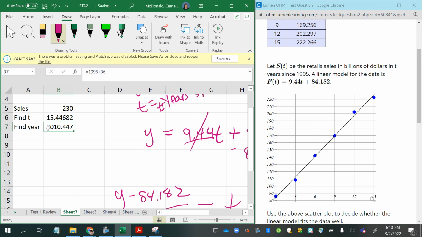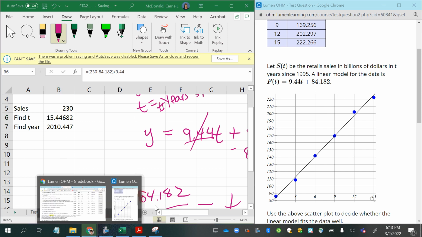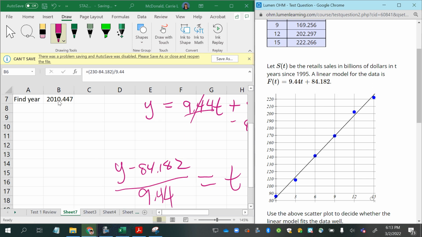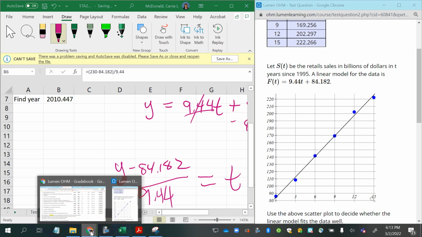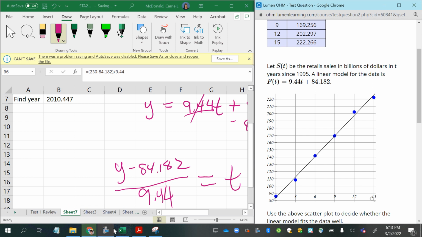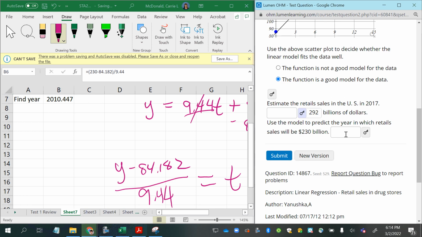And then I see that I'm in 2010. And yes, there's some extra afterwards, but it's not a matter of rounding here. If we started out in 1995, 15 years have gone by, not quite 16, so we're still in the middle of 2010. I hope that makes sense. You don't want to round up. Even if it was a larger number to the right, you would not round up here. You're still in the middle of that year. So we're going to go ahead and put in the answer as 2010.